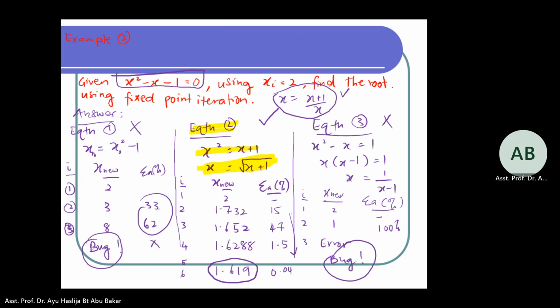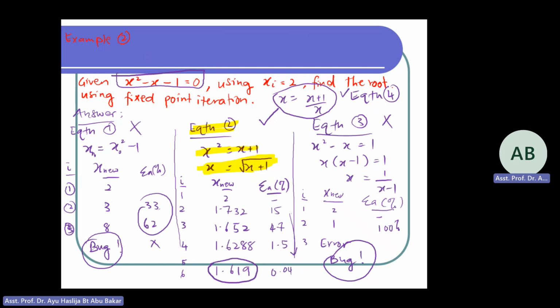Yeah. So if you use the other equation, I would say equation 4, this one, equation 4, your x new will be a bit different.